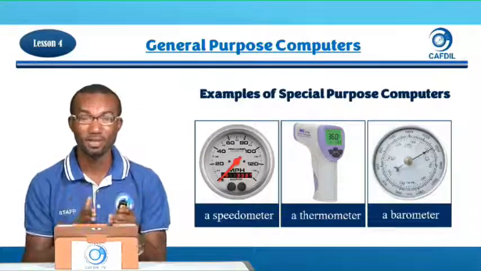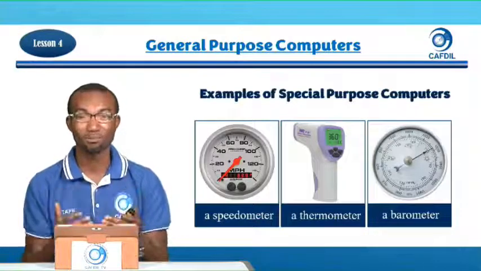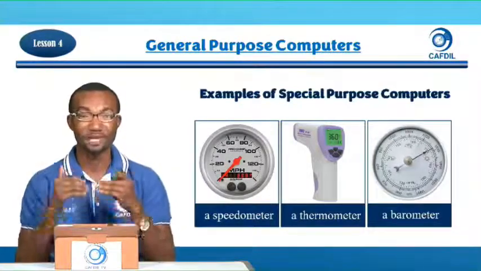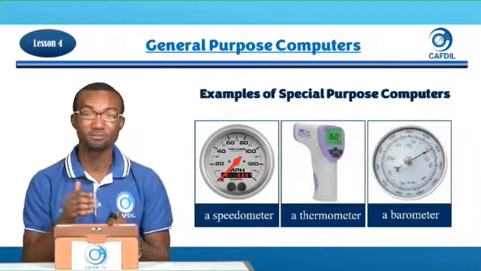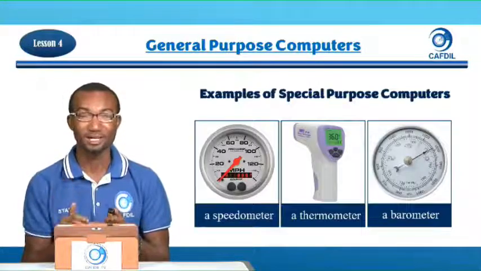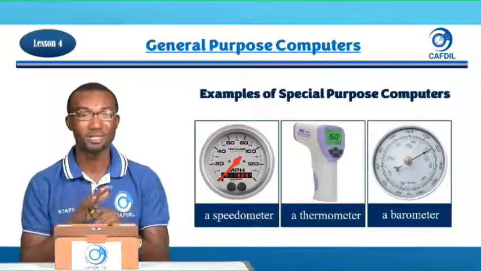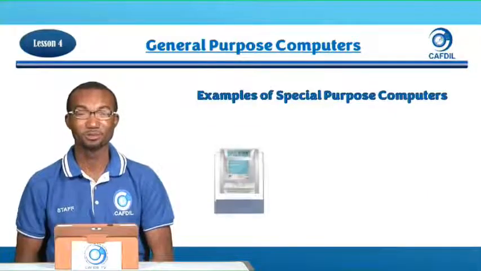So a speedometer, a thermometer, and a barometer are all examples of special purpose computers. Apart from checking speed, temperature, or pressure, they cannot be used for any other thing. Good. Let's look at more examples.